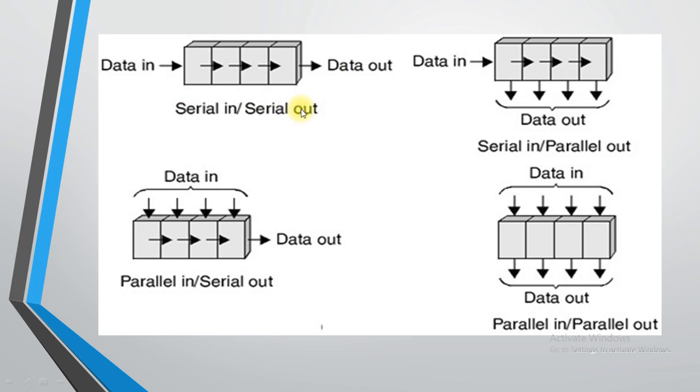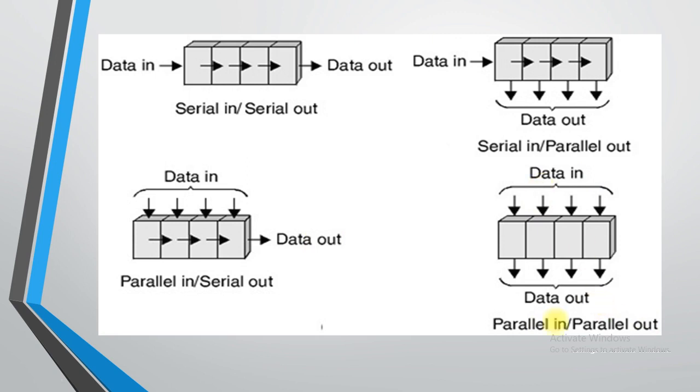So when serial in, serial out is there, left and right is used. Serial in, parallel out, left and bottom is used. Parallel in, serial out, top and right is used. And when parallel in, parallel out is there, at that time you need to shift all the data at the same time.